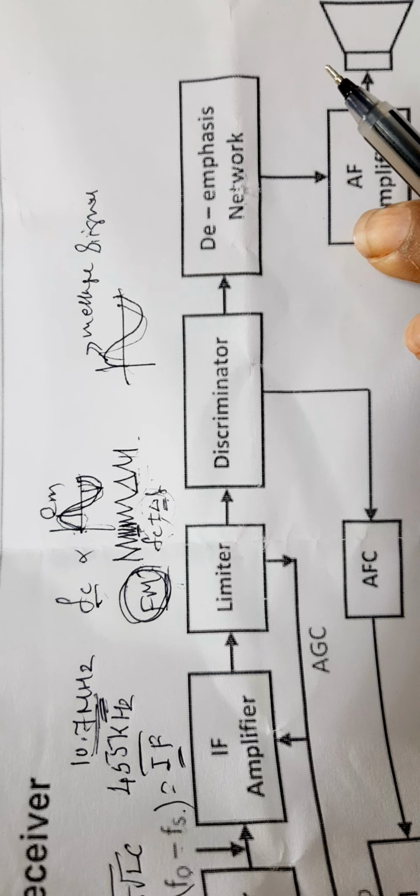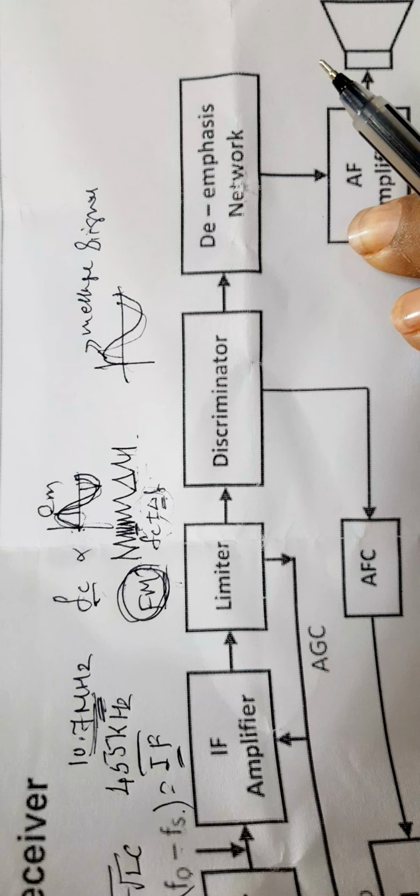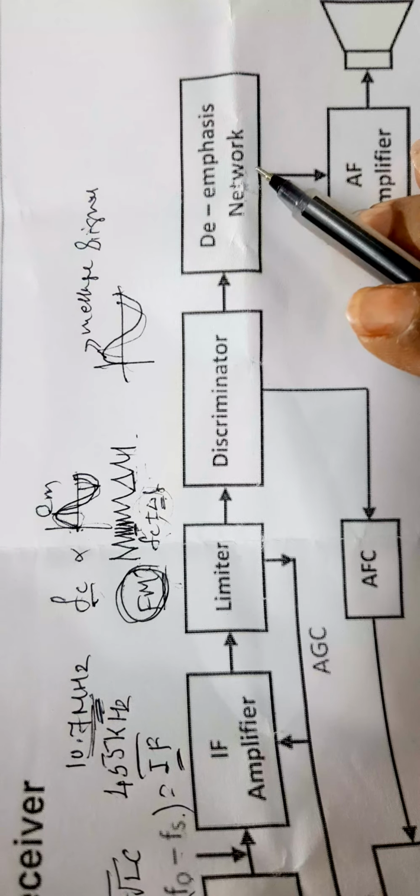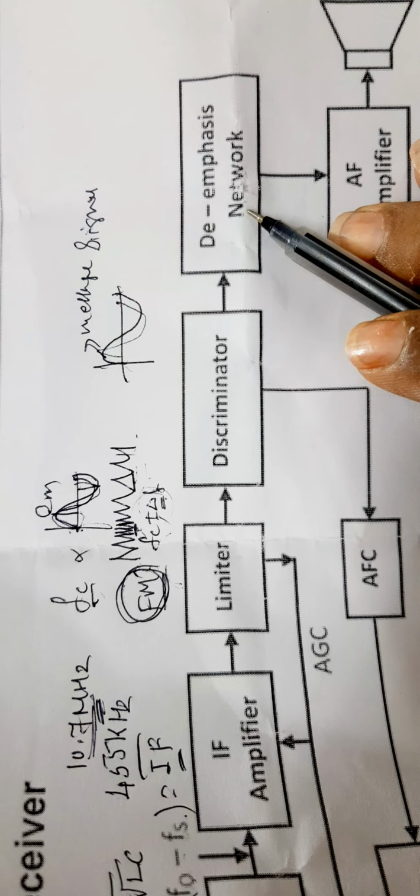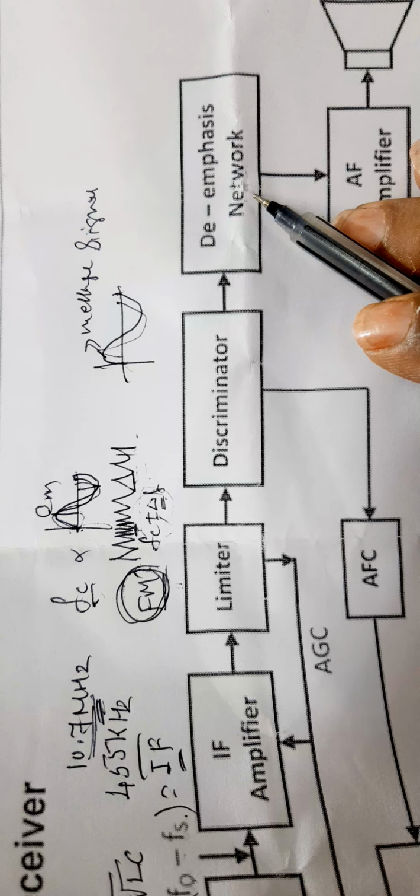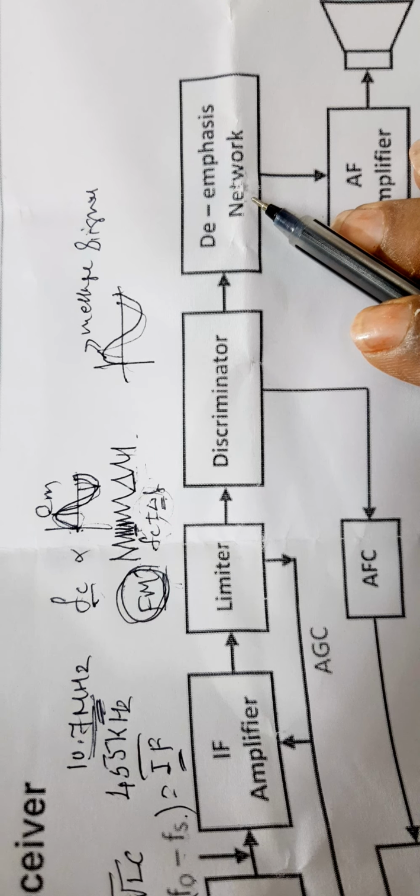In the transmitting station, signal to noise ratio is increased for better transmission. Once it is received, signal to noise ratio is not important. Therefore, it is de-emphasis. This de-emphasis network reduces the amplitude of high frequency signal with respect to the amplitudes of low frequency signal.